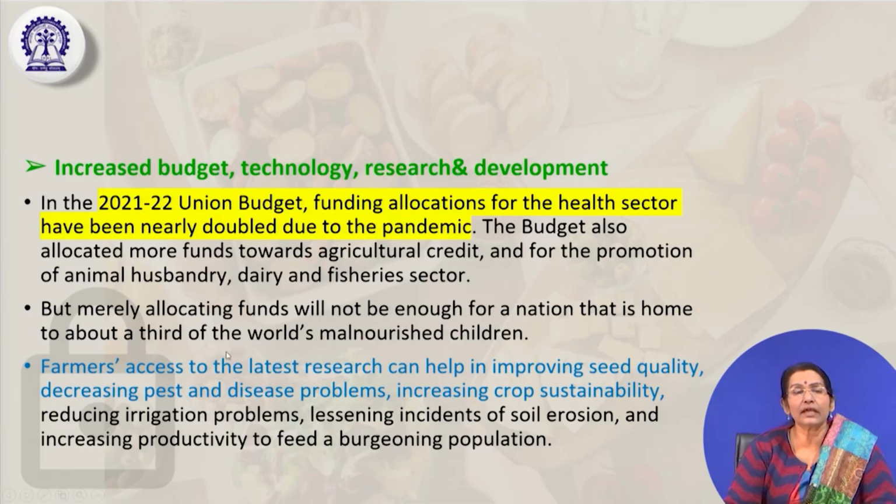Farmers must have access to the latest research, which can help improve seed quality, decrease pest and disease problems, and increase crop sustainability, through workshops, awareness camps, and media, like the regular features on All India Radio, Krishi News, Krishi Sansar, etc. Besides that, they should be given other opportunities to enhance their awareness and knowledge of seed quality, updated research in agriculture, and food sustainability.